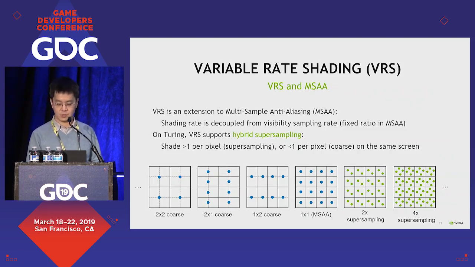In fact, with VRS, we now support the full continuum between shading less than once per pixel, or coarse shading, and shading more than once per pixel, or super sampling. So these modes can be mixed on the same screen with 16 by 16 tile granularity.